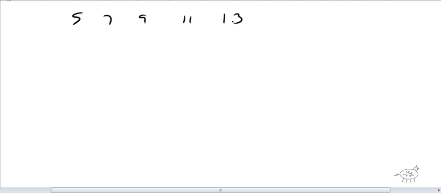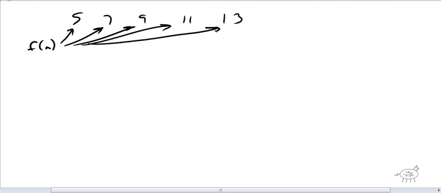Okay, if I gave you that sequence, this is really a set of points. So just think of it as f of n. Right, f of n is equal to that, that, that, and that. And when n is 1, it's 5. When n is 2, it's 7. When n is 3, it's 9.